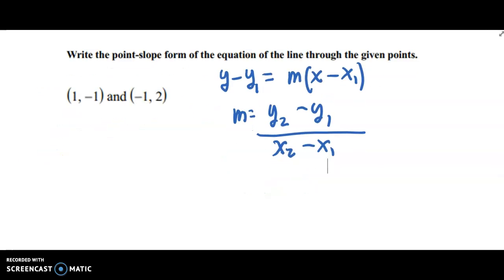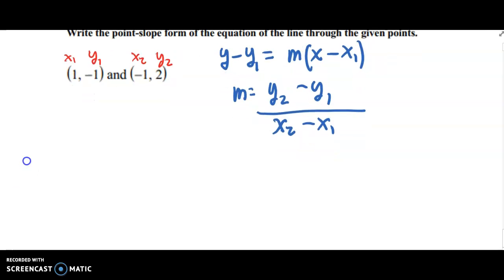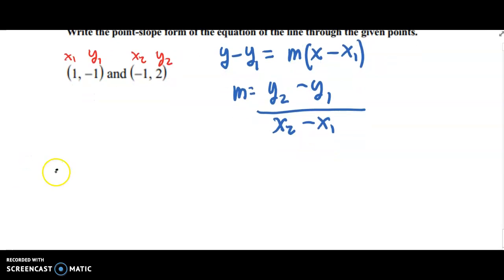All right, let's label first. Here I have x1 and y1 and x2 and y2. First thing we need to do is find our slope. We have y2 minus y1. We have 2 minus negative 1.